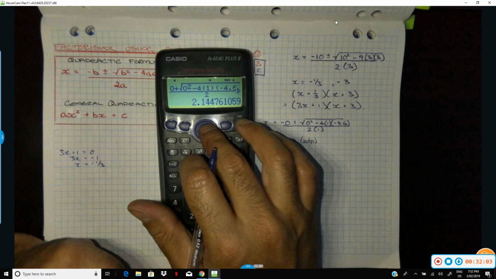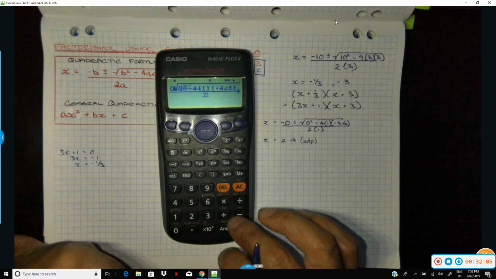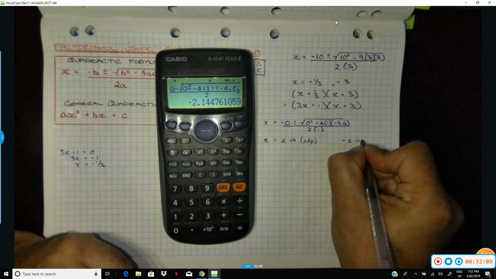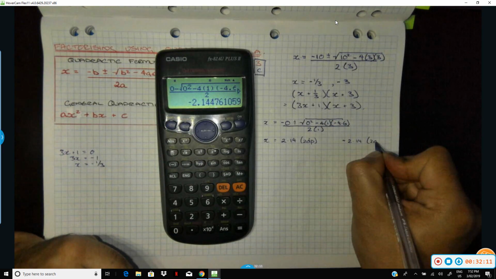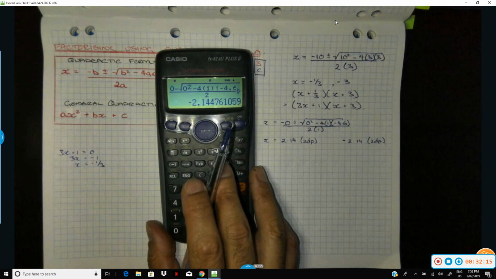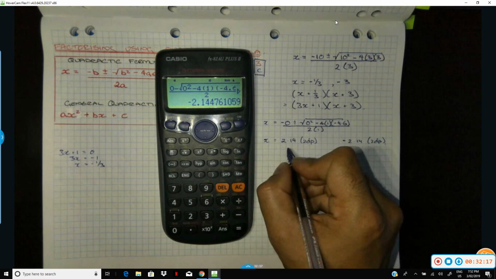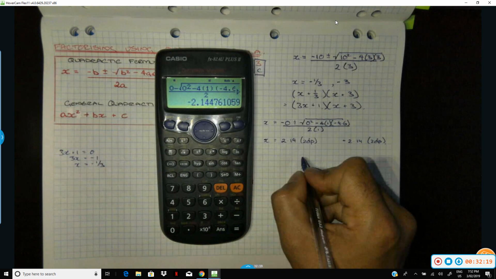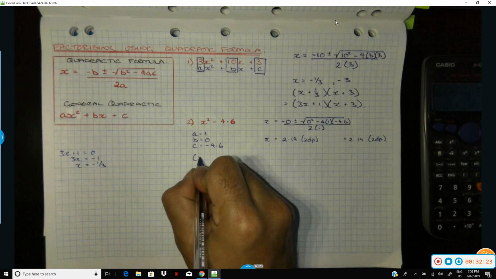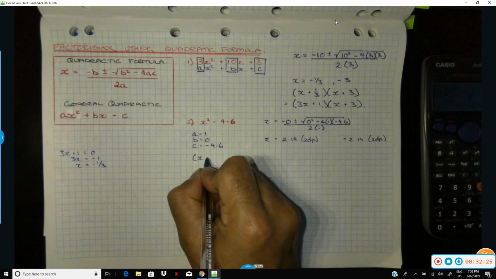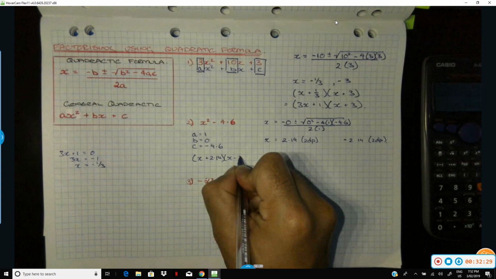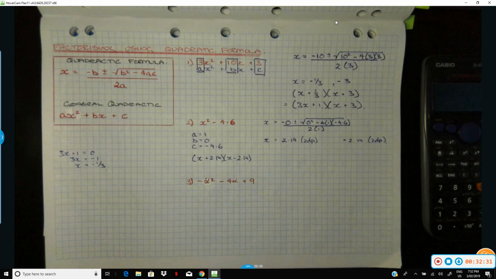And now I've got to go back and get the negative version, the subtraction version. So minus 2.14, they're the same. Okay. So therefore, if I was to do factorized forms, we'll do it over here. We've got something along the lines of x plus 2.14, x minus 2.14 approximately. Yeah.